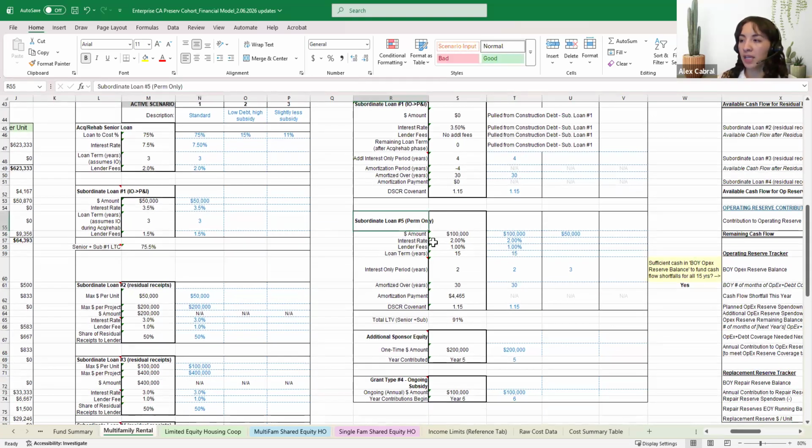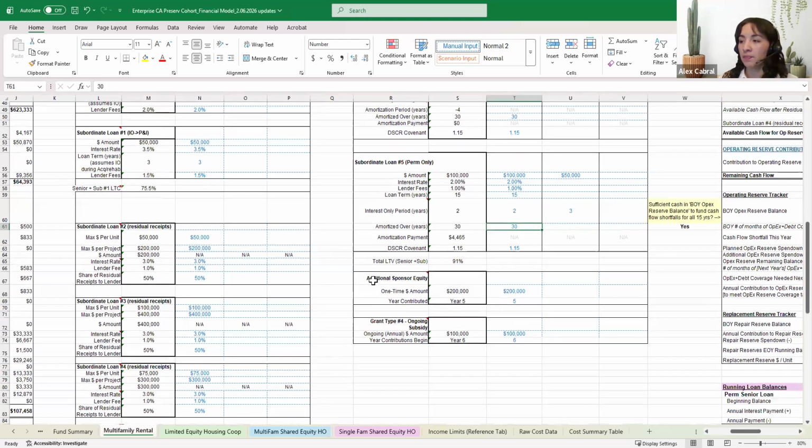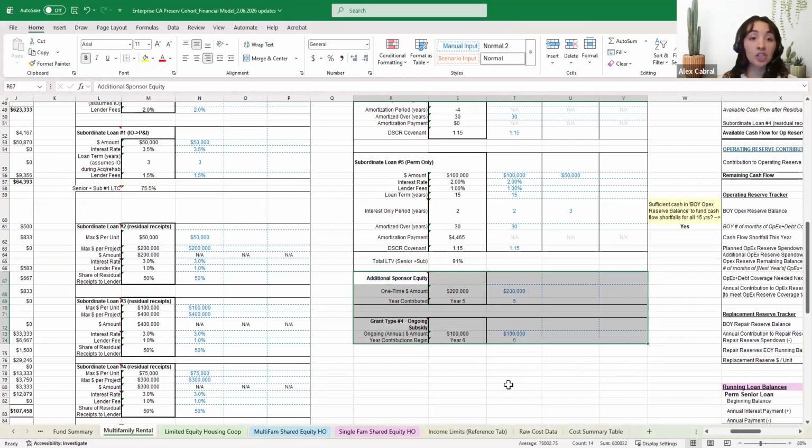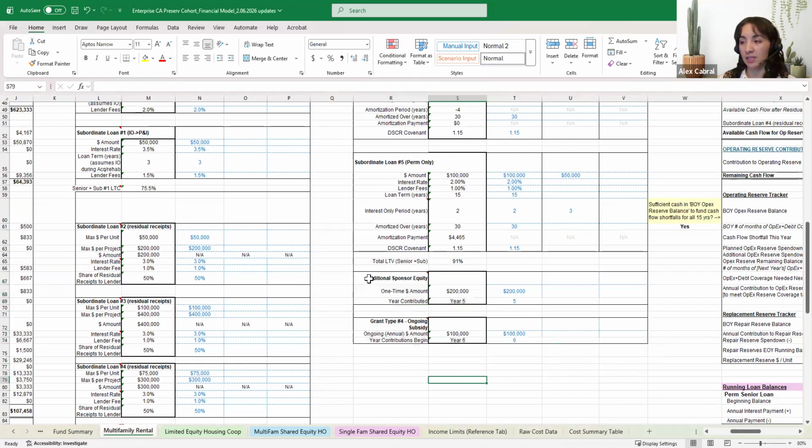Okay. Here's another subordinate loan. It starts at the perm phase. So this is the only subordinate loan that starts at the perm phase. Fairly standard terms here that you can fill in. It will amortize. These two funding sources are a bit unique in that oftentimes you don't see additional opportunities for cash infusions in the perm phase.